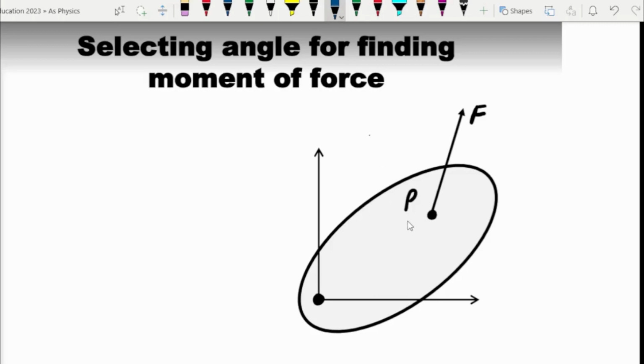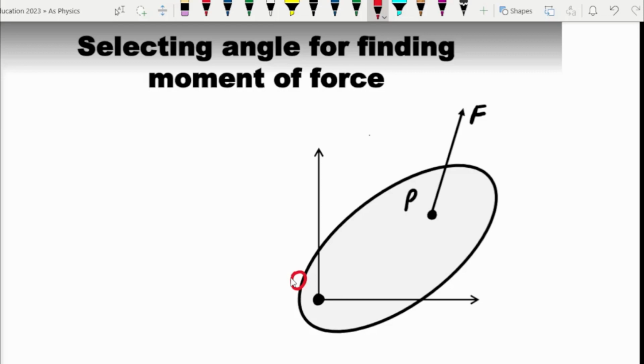So in this situation, this is your object, any object, and P is the point where the force is being applied. Okay, at point P the force is being applied. This point at the back, which I'm representing with O, is your pivot.